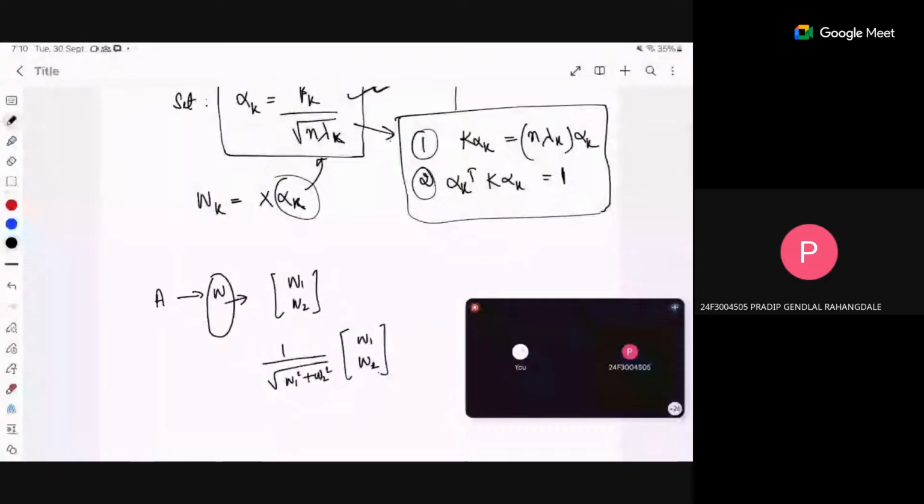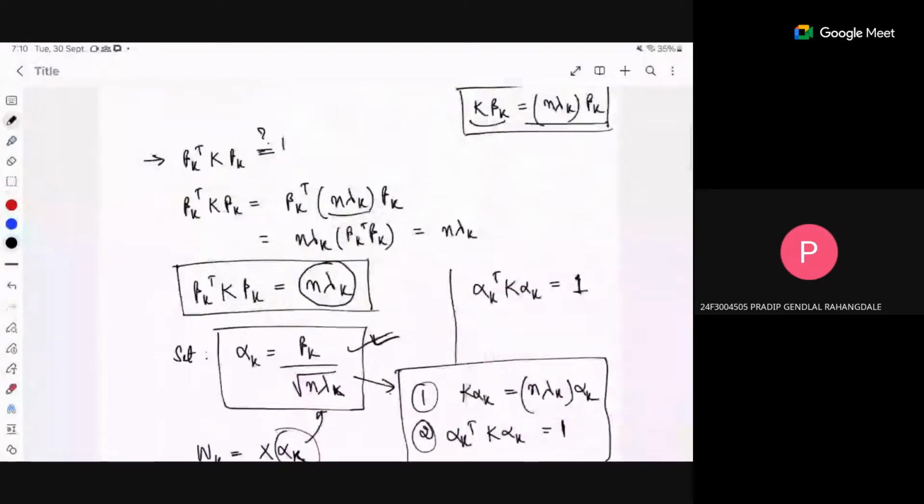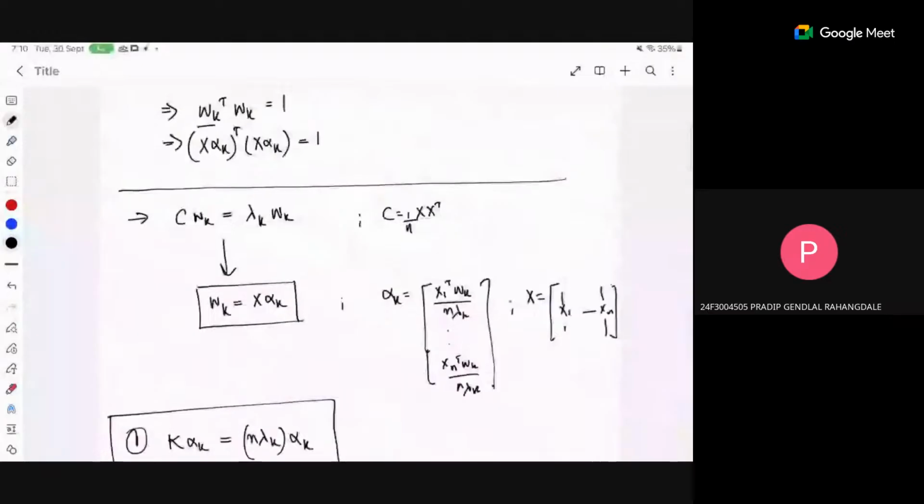But ma'am, we didn't do that in the case of beta k. Yeah, we did not do that. So what was the idea here? We wanted to find the principal components for our matrix C, I mean for my data set, which is currently in very high dimension, and finding those eigen directions is difficult.